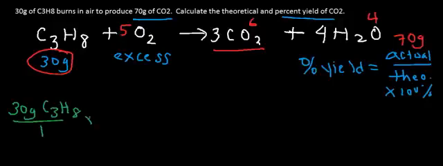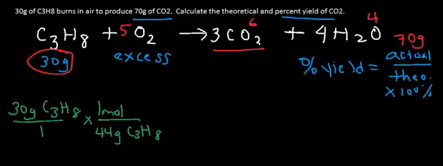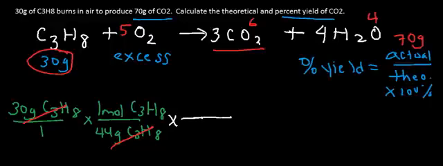The first step is to convert to moles using the molar mass. So the molar mass of C3H8, which we get from the periodic table, is about 44 grams per 1 mole. Carbon has an atomic weight of 12, so 12 times 3 is 36. Hydrogen is about 1, and there's 8 of them, so 8 plus 36, you get 44. Now you want to do this in such a way that the grams of C3H8 cancel. The next thing you want to do is change the substance.